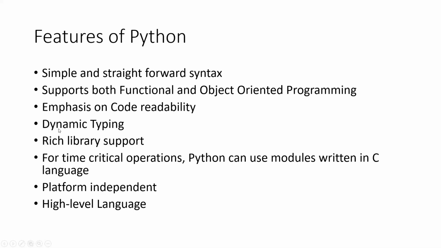Okay. Next, dynamic typing. What does dynamic typing mean? The guys who have some knowledge of C programming can relate to it very easily. It means that if you wanted to define a variable, you have to specify a data type for it. Is that correct or not in C?